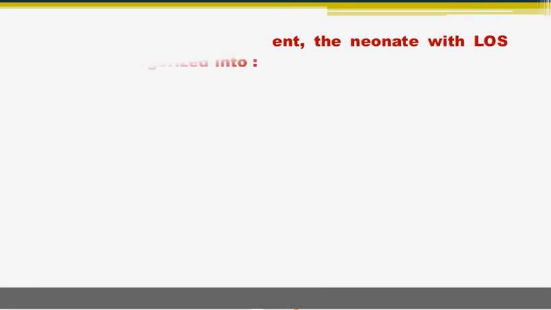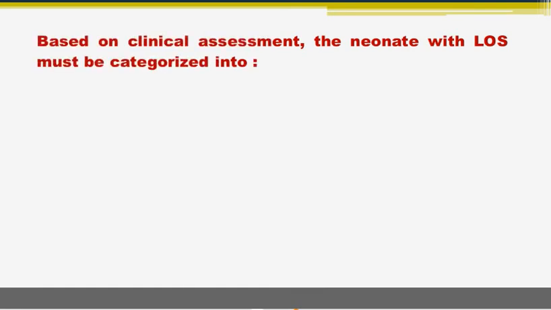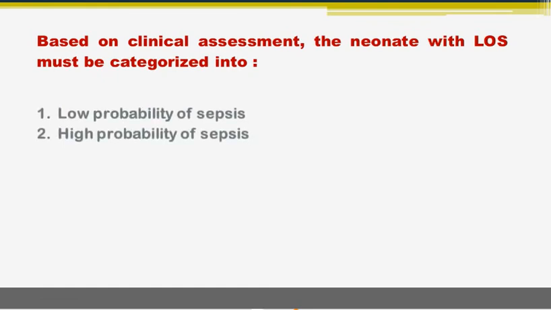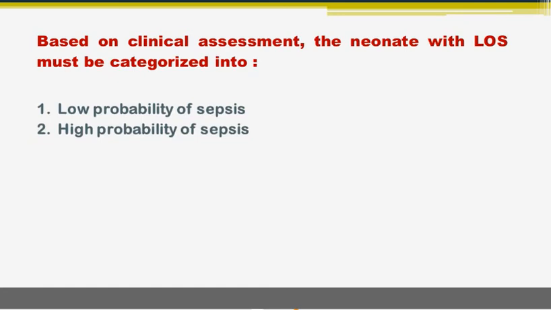Now, based on clinical assessment, the neonate with late onset sepsis must be categorized into low probability and high probability. Who are those with low probability and how can we approach them? Neonates with low probability of sepsis should undergo a sepsis screen. What is the sepsis screen?